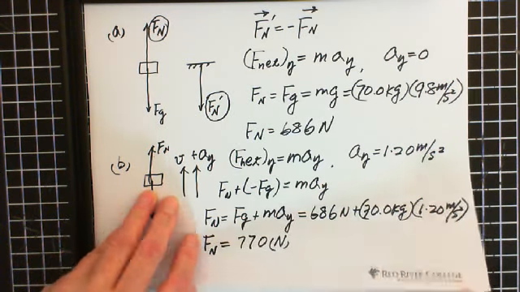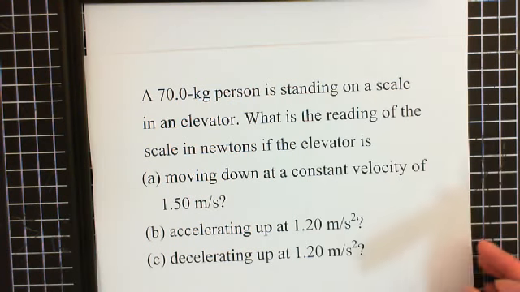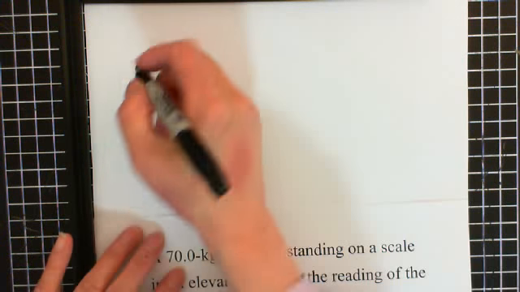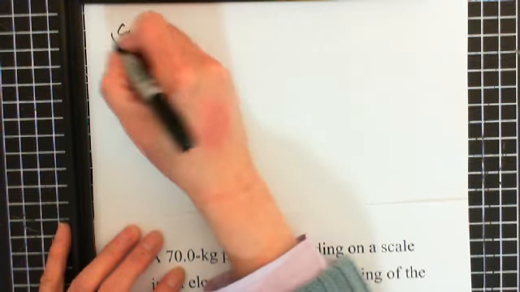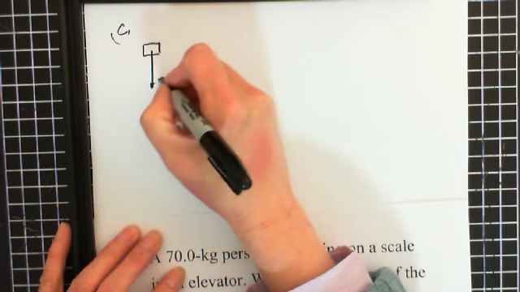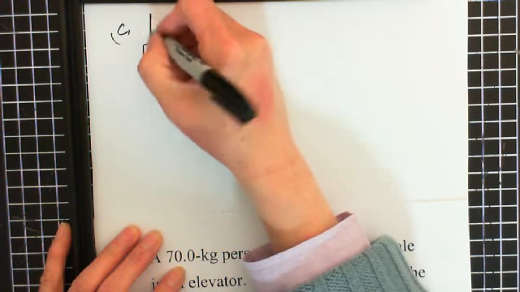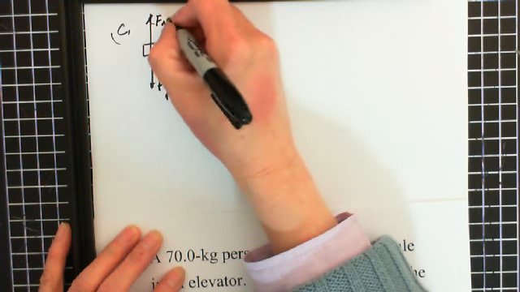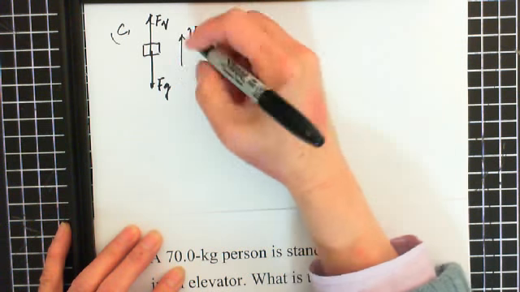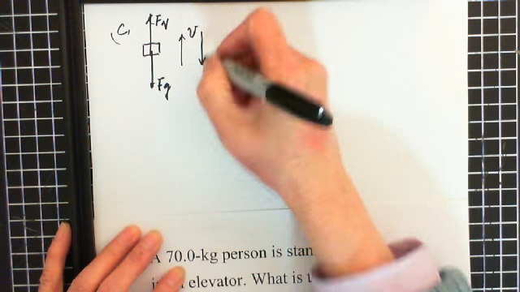Question C, we're looking for the reading on the scale when the elevator is decelerating up at 1.2 meters per second squared. The free body diagram still has two forces, Fg downward and normal force upward, and it's moving upward, but decelerating means the acceleration is downward.